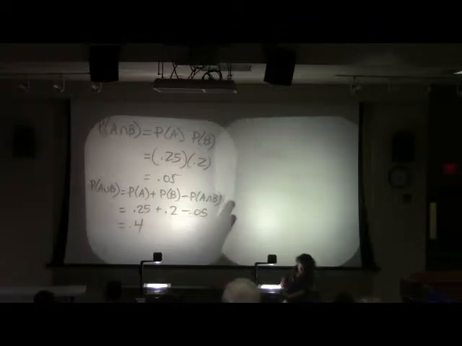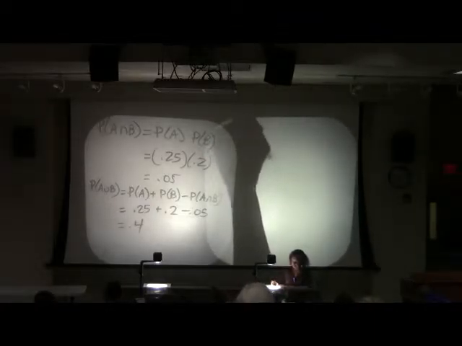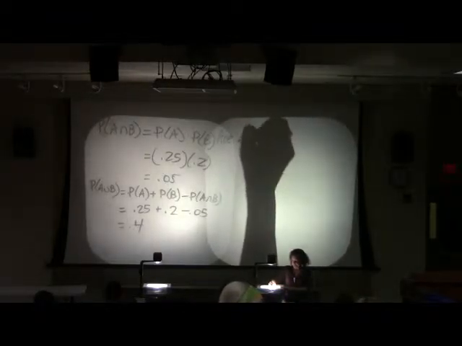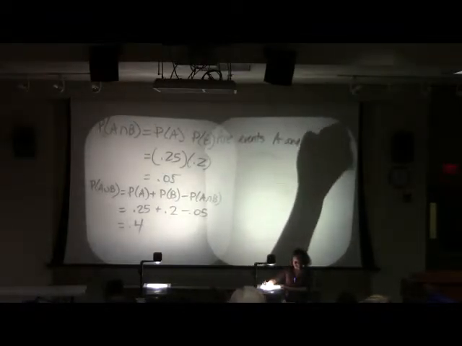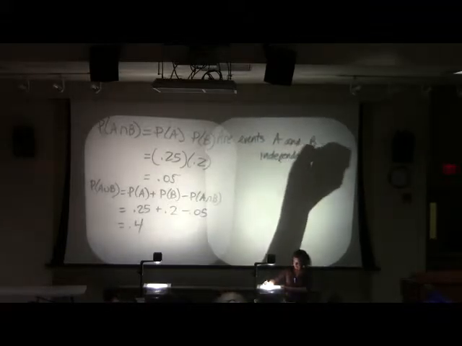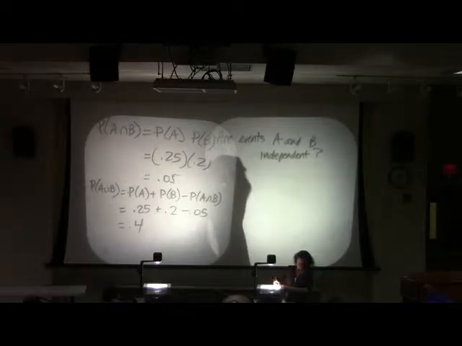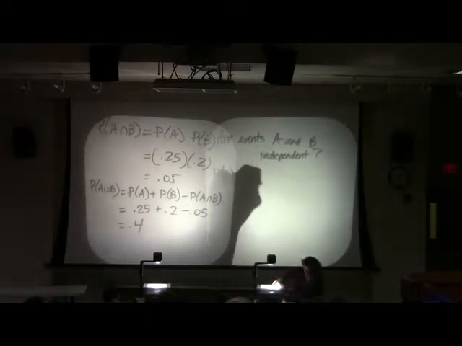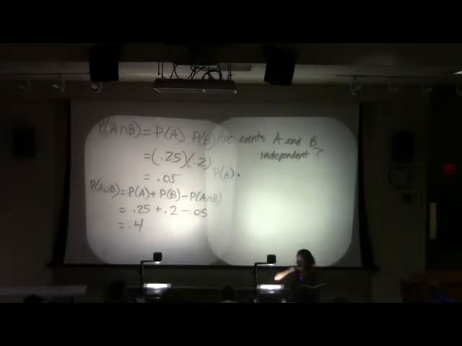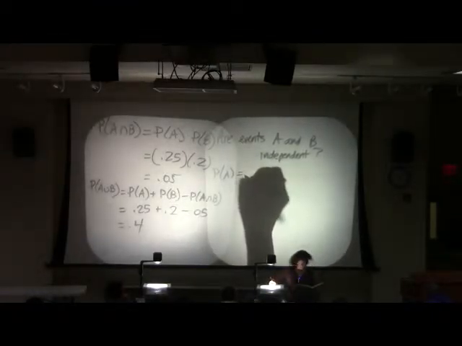So, suppose now I'm asking you, are events A and B independent? And I'm going to tell you that the probability of A in this example is 0.5.